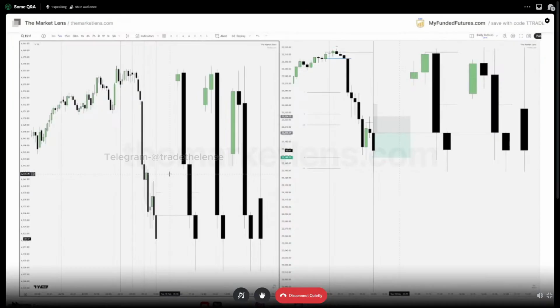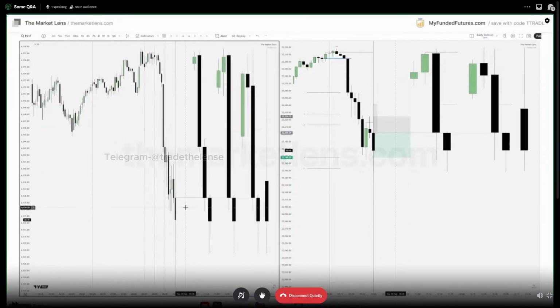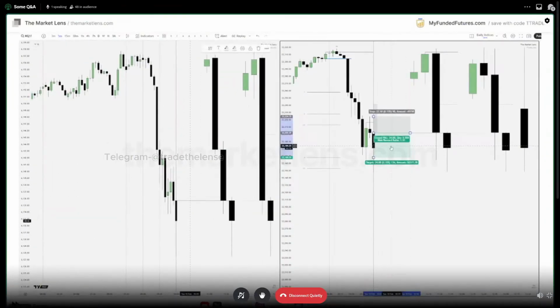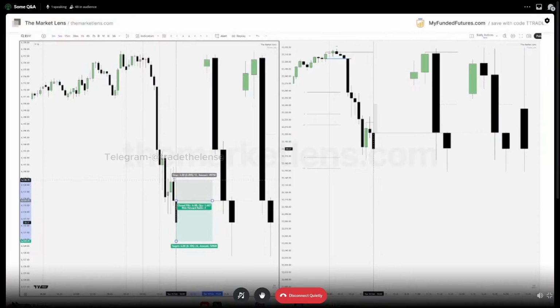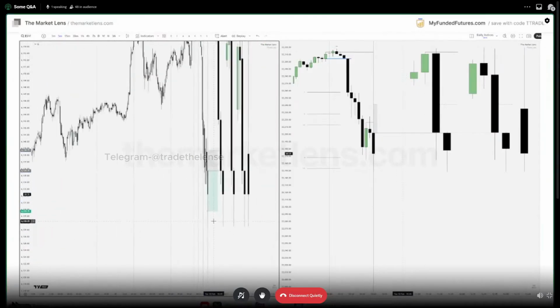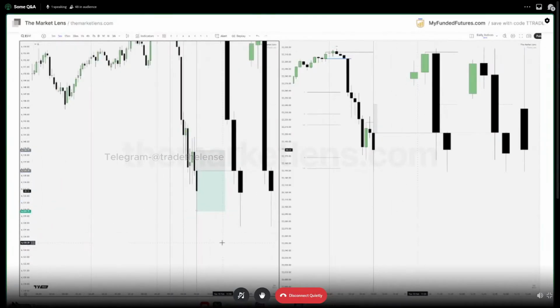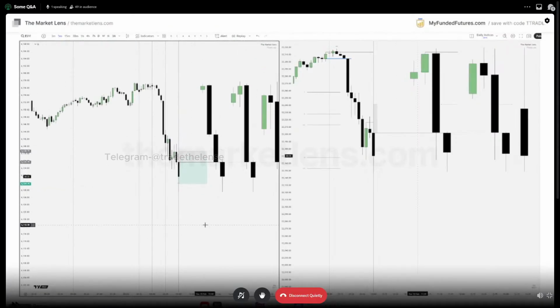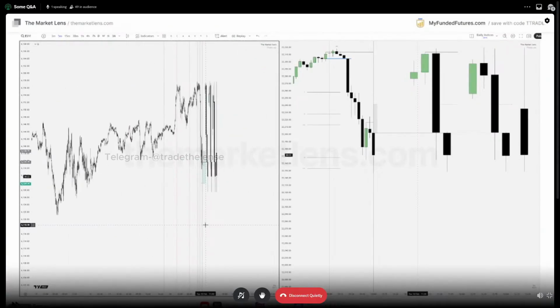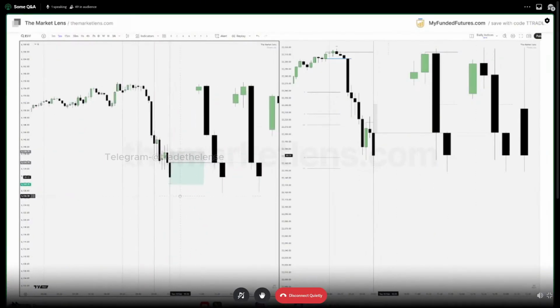Yeah, it's a bit sketchy. I would take it on ES. So I would have been entering the open here. It's kind of how I would trade it if I wanted to get in it, which I'm not, but oh, it already hit it.